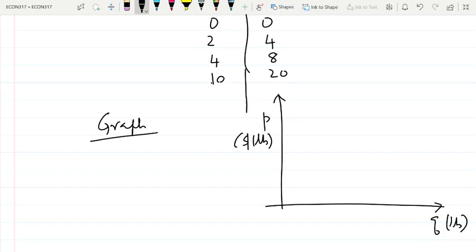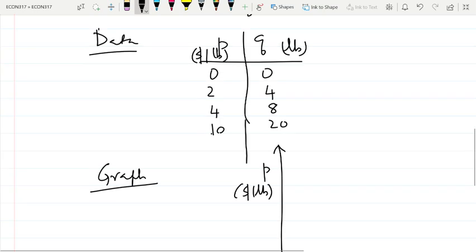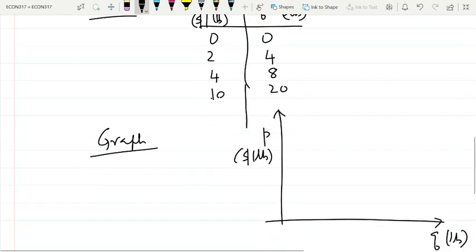If we want to draw the graph for the data given here, we could see when price is $2, quantity is 4, and when price is $4, quantity is 8. So we have a point here, a point here, and when price is 0, quantity is 0.